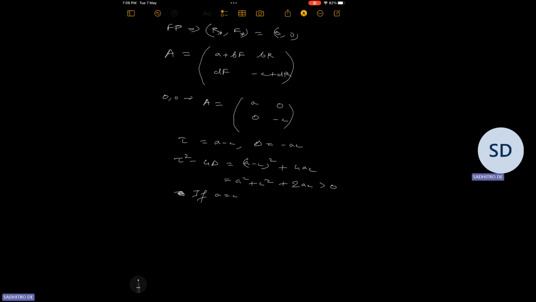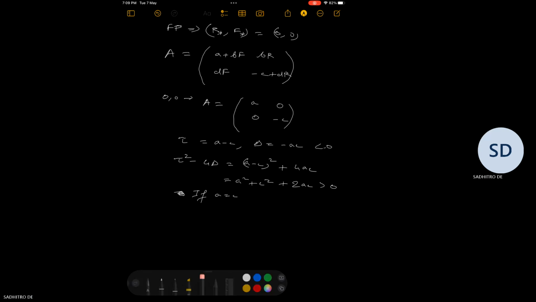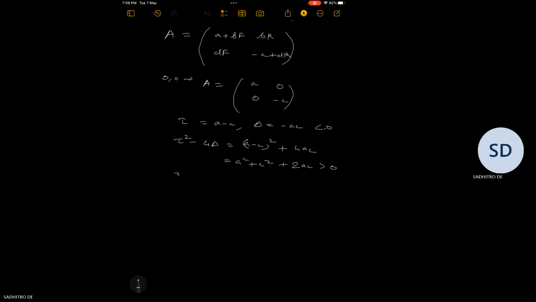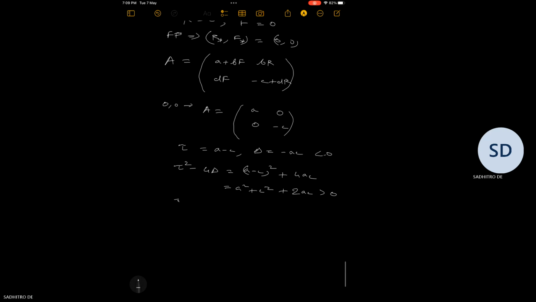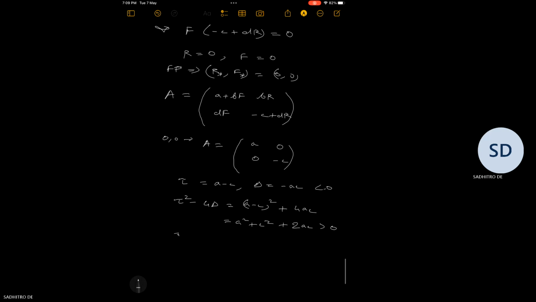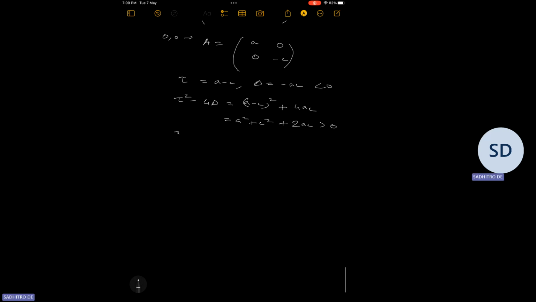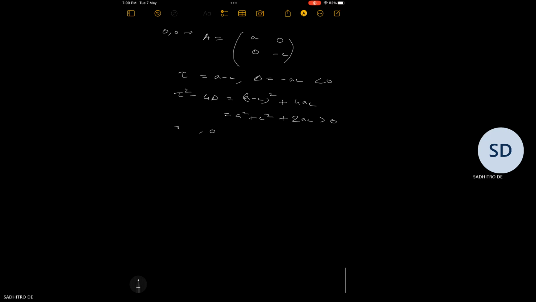So the determinant is always less than 0, right? So this basically implies that the origin is a saddle point. Therefore, the fixed point at the origin is a saddle.